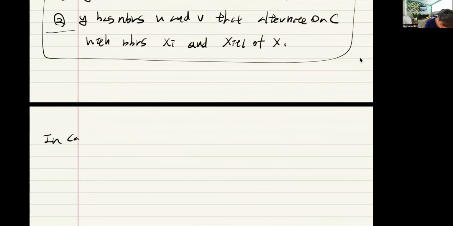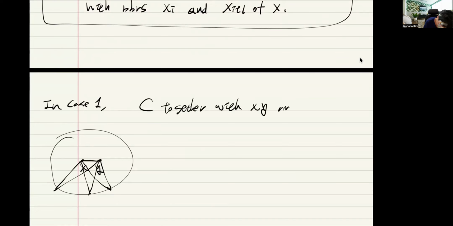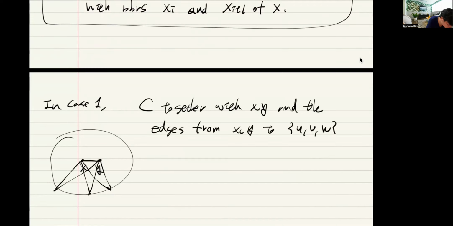In case 1, we have C, and then you have X, Y, and they share 3 common neighbors, U, V, W. Then C together with X, Y and edges from X, Y to these U, V, W form a K5 subdivision. A contradiction.